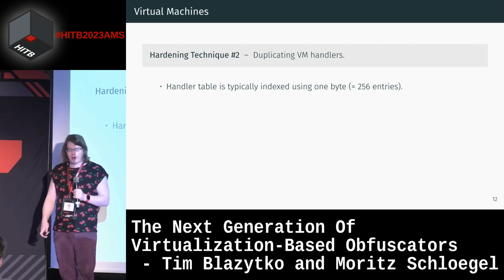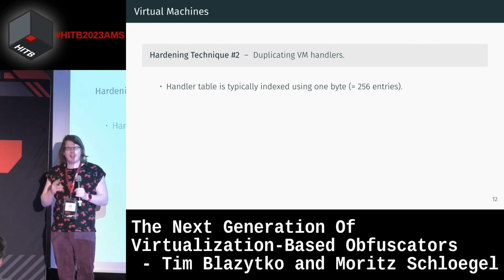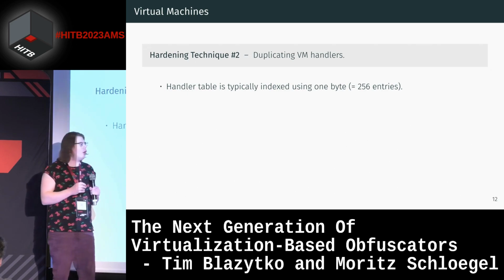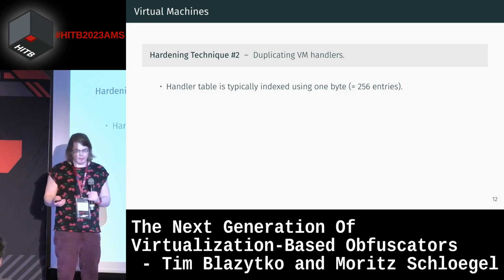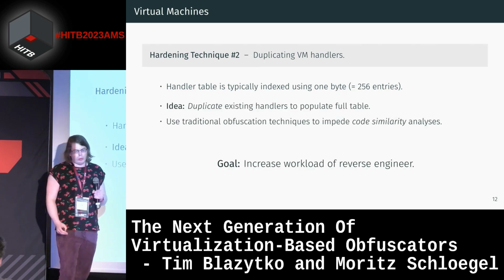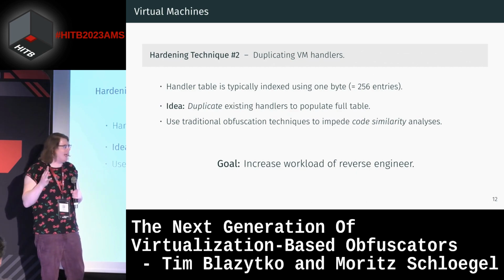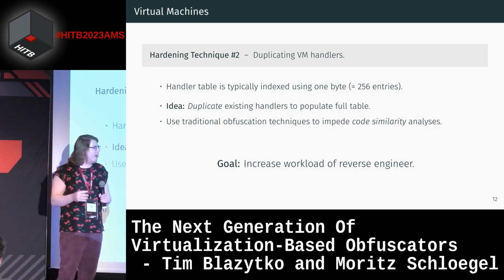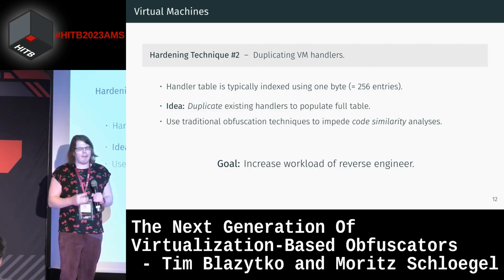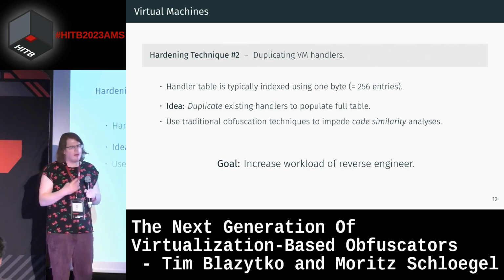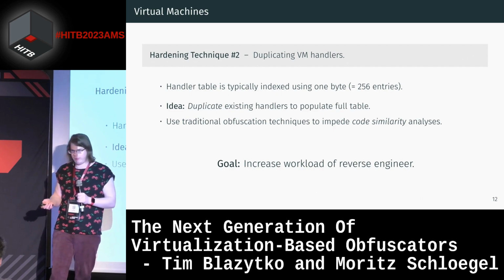And what you do therefore is that you duplicate existing handlers and deploy way more than 50 handlers by creating handler copies. So, for instance, you now use 10K different handlers, where you increase the workload of the reverse engineer and basically force him or her to use automation.